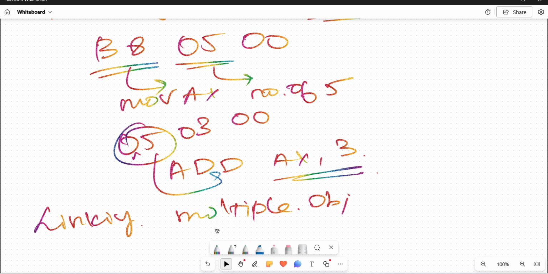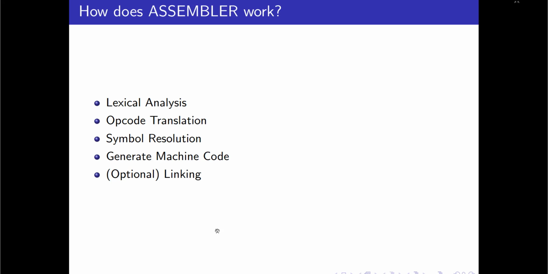Even though it's a bit confusing, we are not going to go deeper into this assembly language, but we need to understand how assembly language works. We can write a single statement, but behind every statement there is a large process. So that also we need to understand, right?